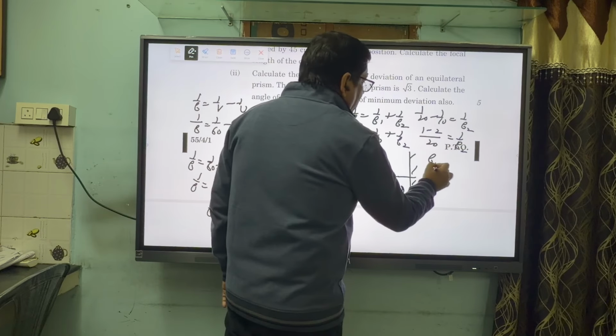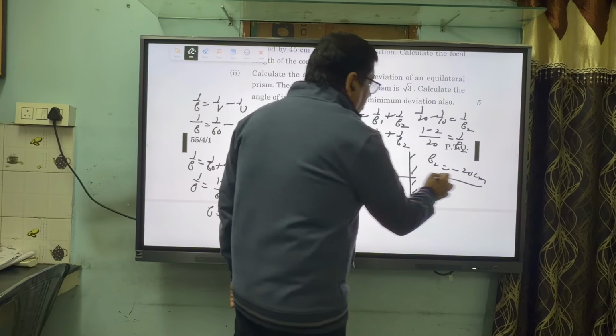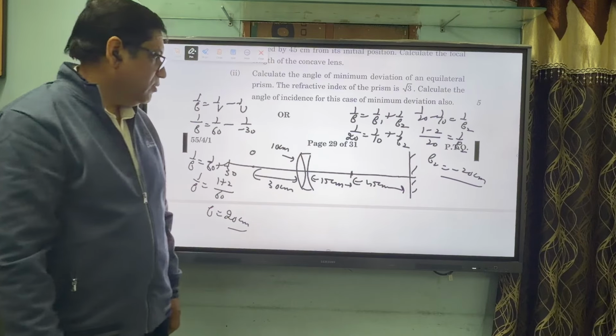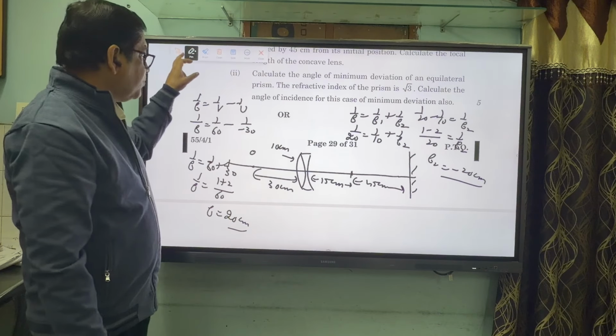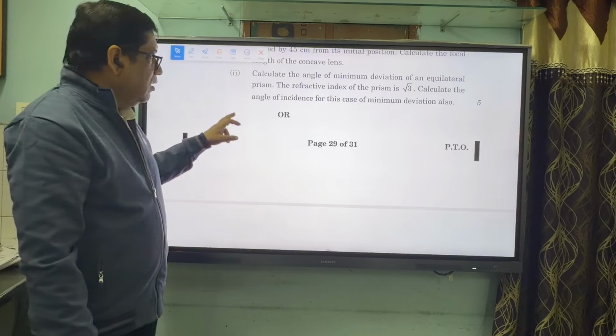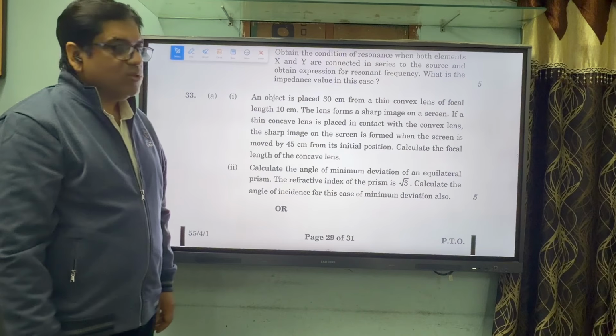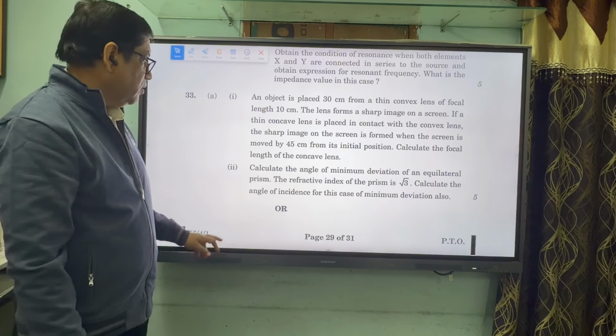So on solving you get f2 = -20 cm. So the concave lens must have a focal length of 20 cm. So this is a very good question. मेन काम तो बेटा लेंस फॉर्मूले का ही था, पर ध्यान से क्वेश्चन को समझ के करने की जरूरत है.